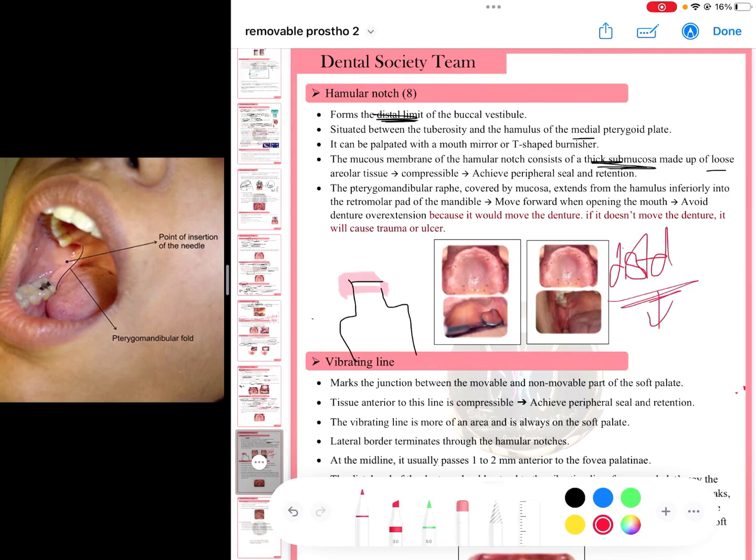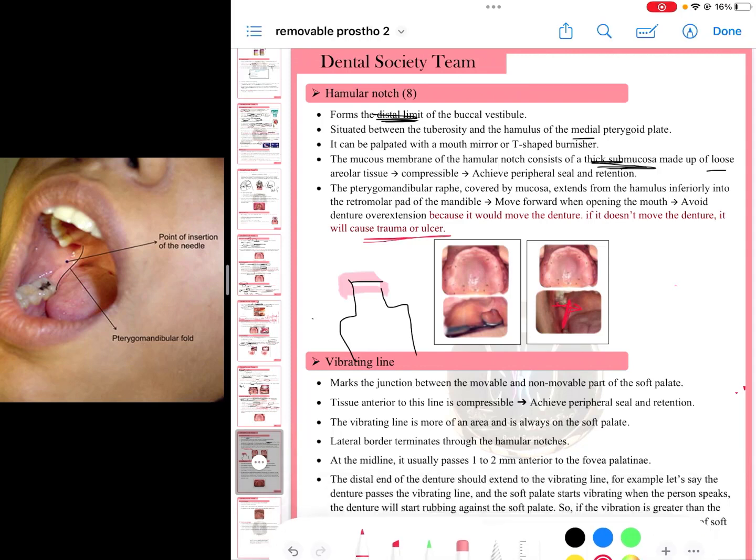Every time the patient opens his mouth, the raphe will move forward, so the denture will fall down and there is no retention. If it doesn't fall down, it will cause trauma or an ulcer. So after the hamular notch there is the raphe behind; if I extend the denture to the raphe, it will fall whenever the patient opens, or if it stays, it will cause trauma or ulcer.